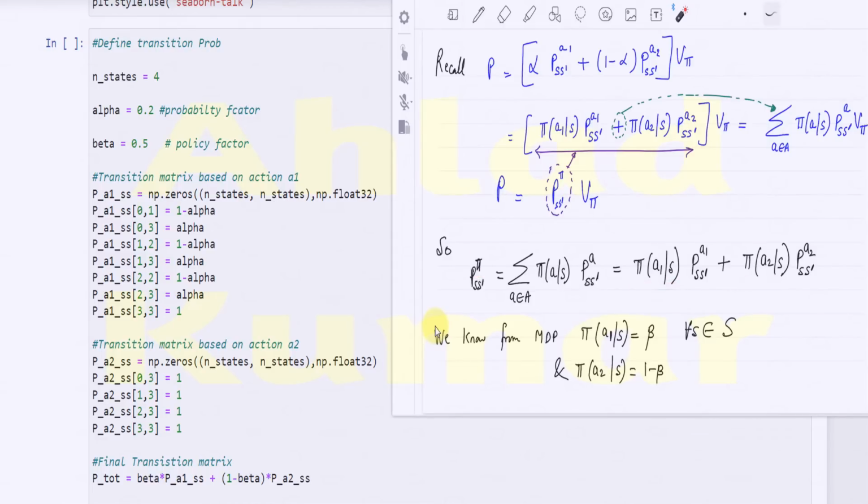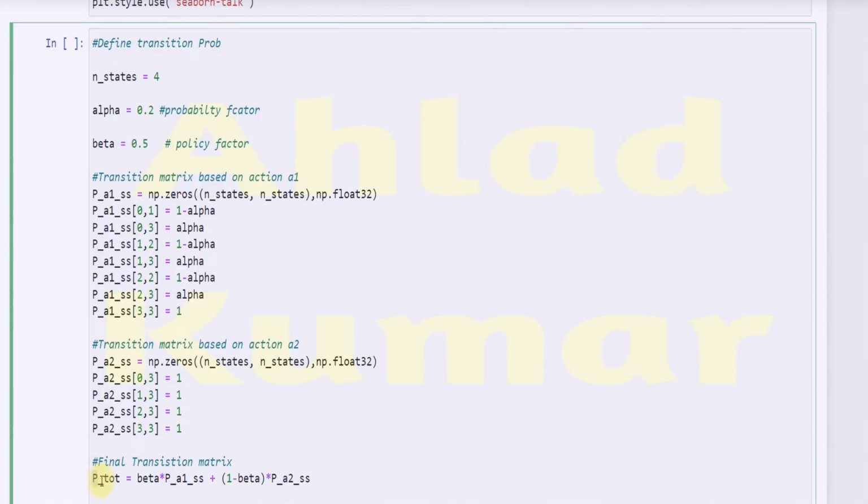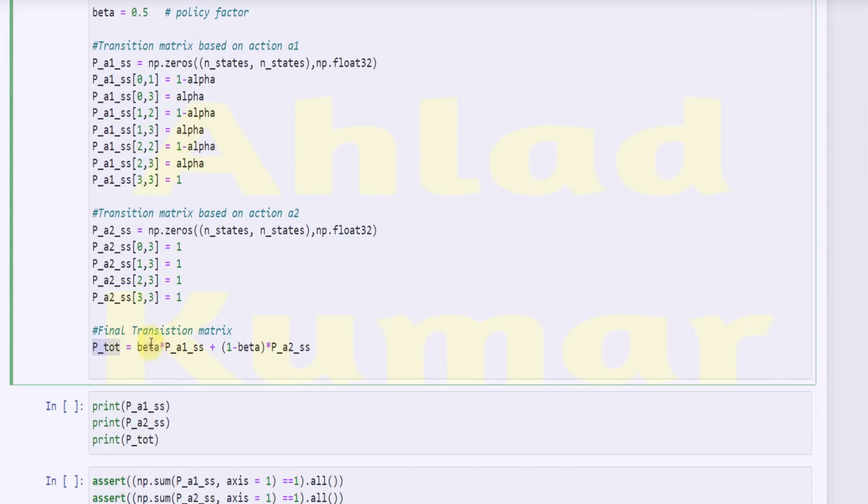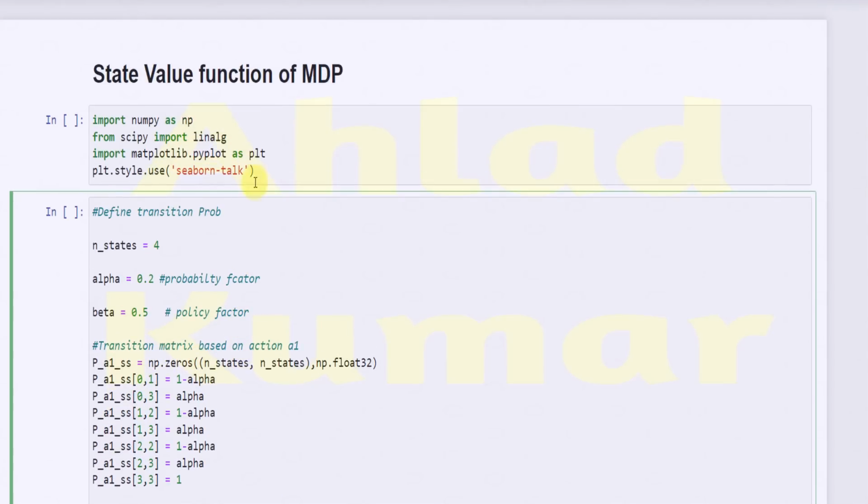This final transition matrix we are defining as P_TOT. It is a weighted summation of the policies, which is beta times the state transition under action A1 plus 1 minus beta times the state transition under action A2. So let us see what we get if I run this.